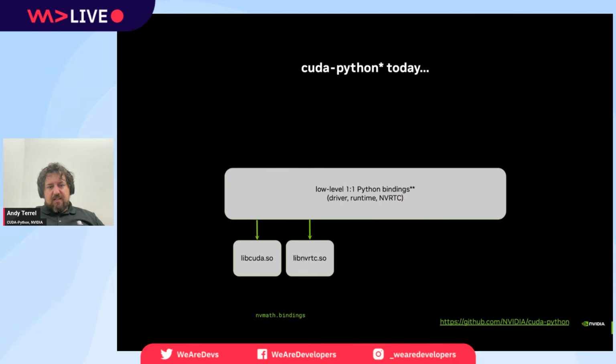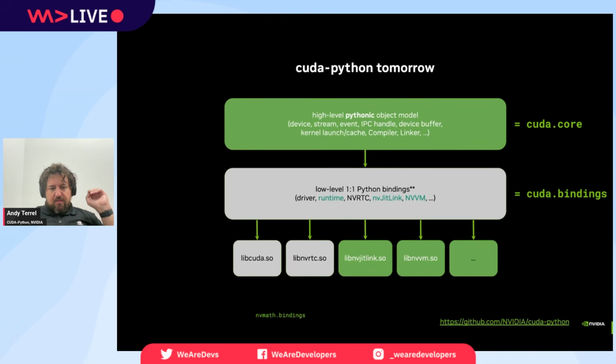So the host side, today we have what we call just the Python bindings that are generally generated from our C++ bindings, and there are basically links out to libcuda and NVRTC, which is the compiler we talked about a little bit earlier.